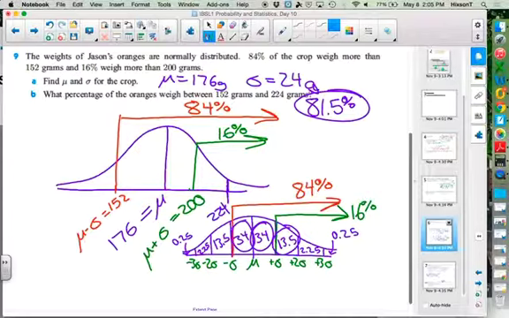If you want, you could just memorize the 34, 13 and a half, 2 1/4, and 1/4, and you know that's half, and it's just mirrored on the other side. That part is 34 and this part is 13.5. Is that going to change? No, it's not gonna change. Every normal distribution has those percentages, yes.